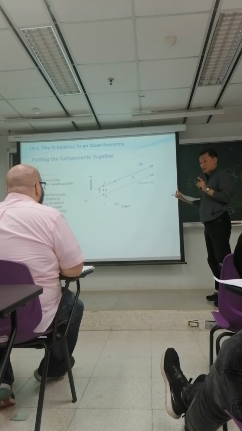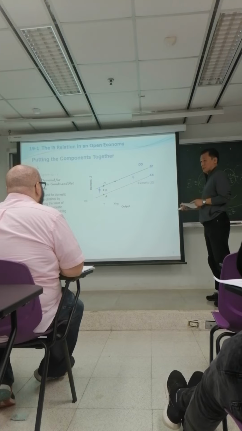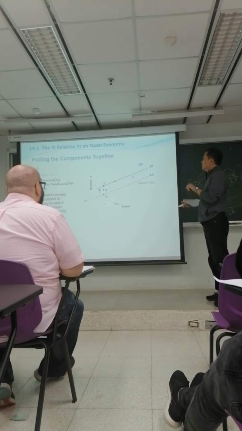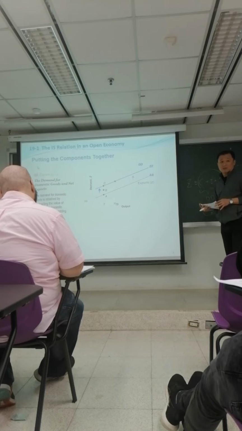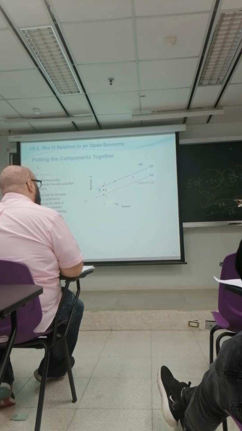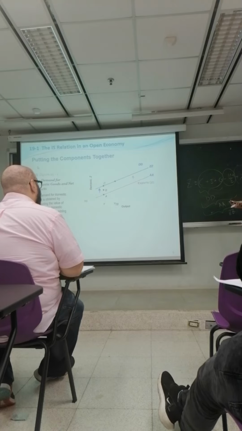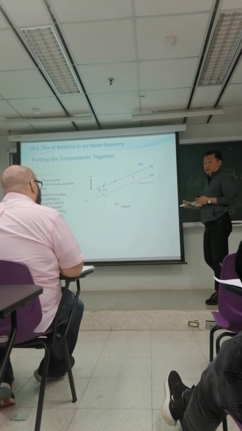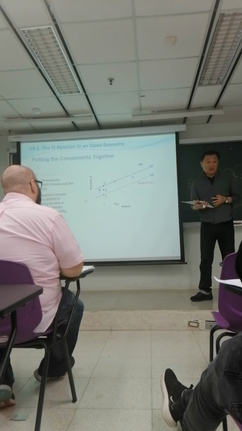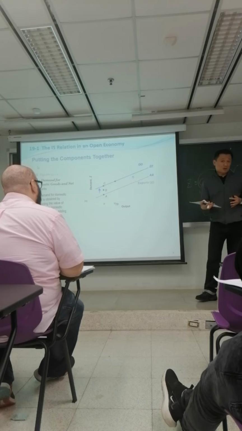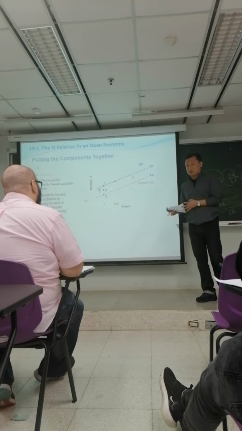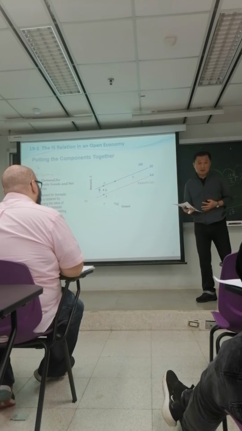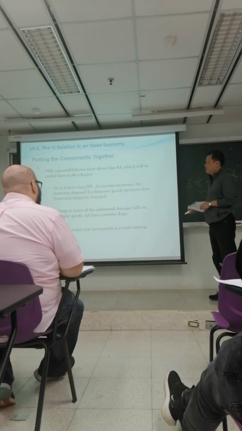So basically, you can just draw a picture, putting ZZ and DD in the same picture, to analyze the effect of the expansionary fiscal policy. And you'll see that Y rises more in a closed economy than in an open economy.